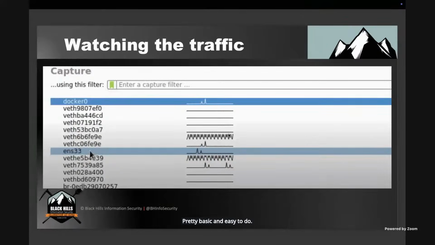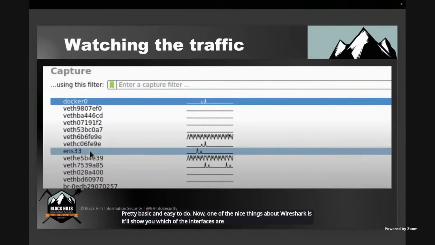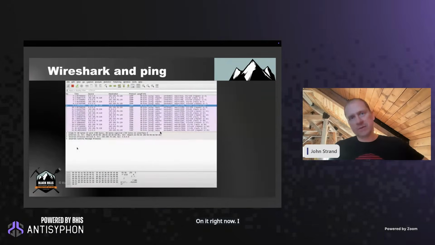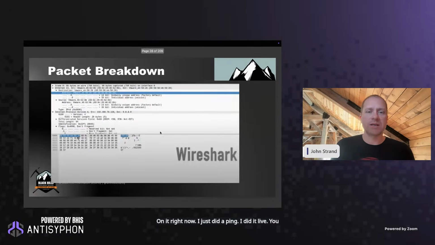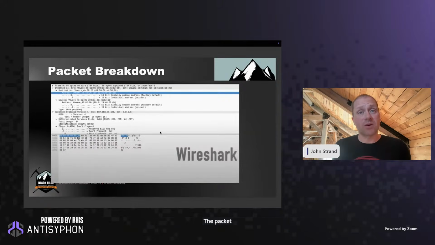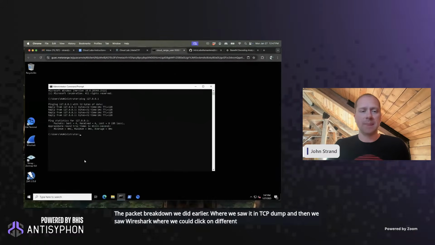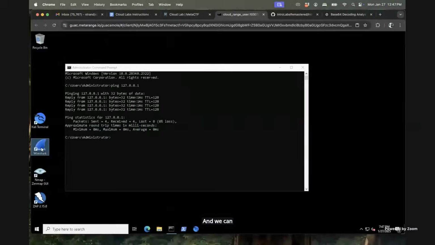Now, one of the nice things about Wireshark is it'll show you which of the interfaces are active. By the little squiggly graph lines, it'll tell you which one is actually working right now. I just did a ping. I did it live. You can see the ICMP echo request. The packet breakdown we did earlier, where we saw it in tcpdump, and then we saw Wireshark, where we could click on different aspects of the packet, and we can get data about that packet.